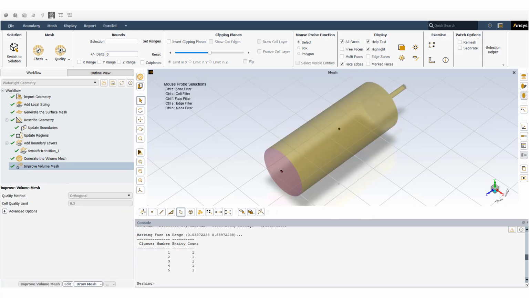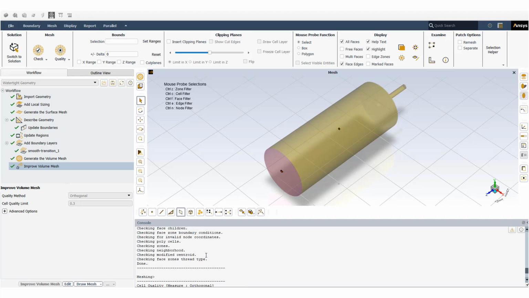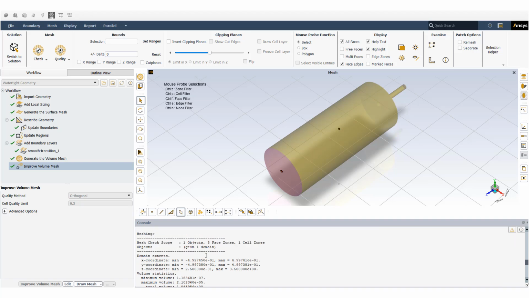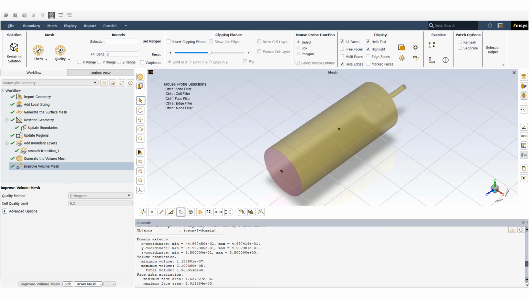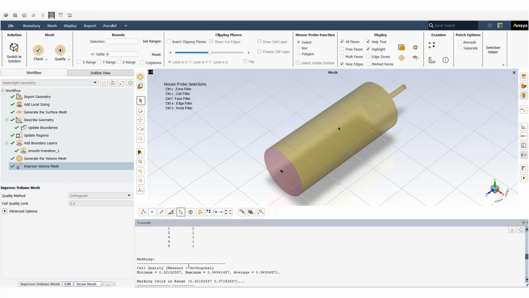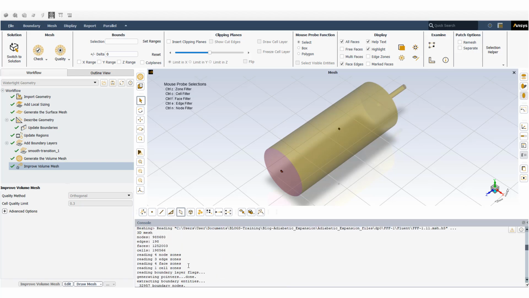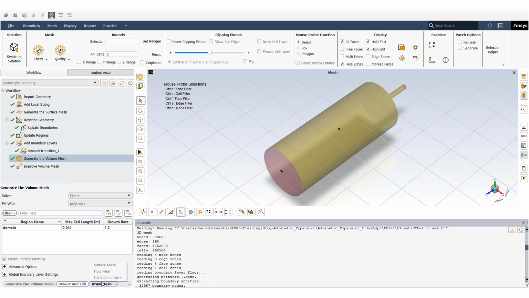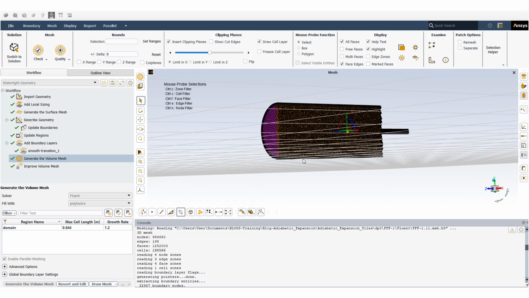If we check the quality of the volume mesh, the minimum orthogonality is 0.32, the minimum volume is positive, and the number of cells is now about 200,000, as we can see here. So this is the mesh that we have.